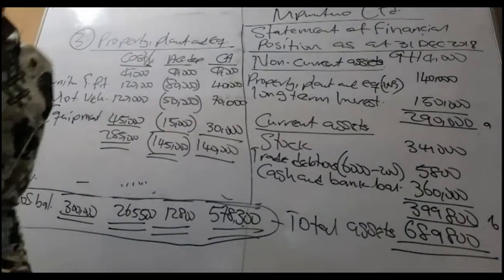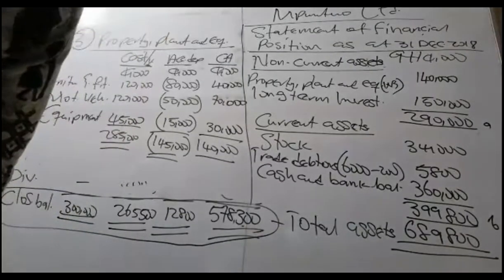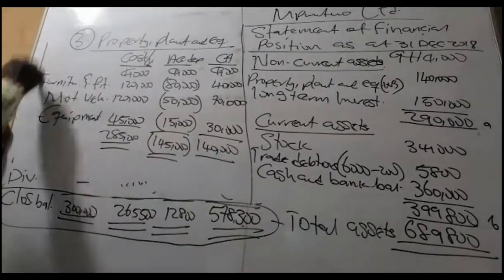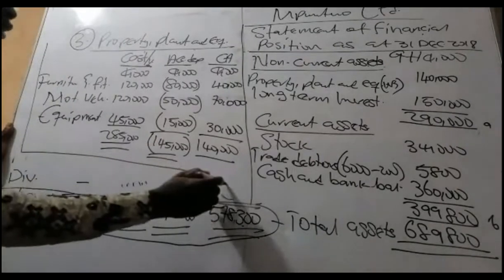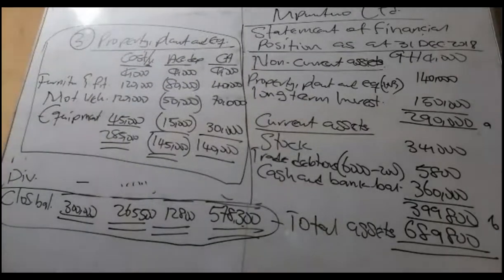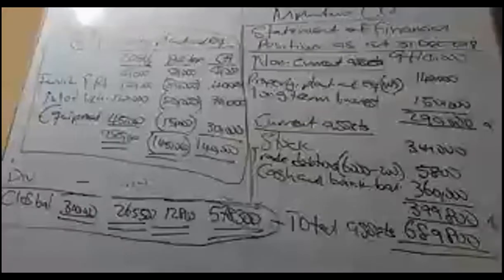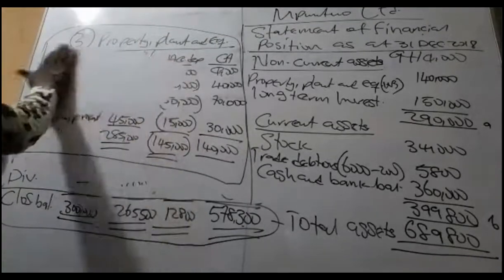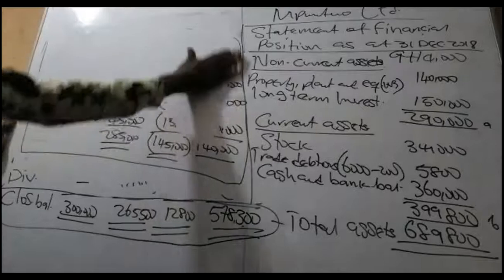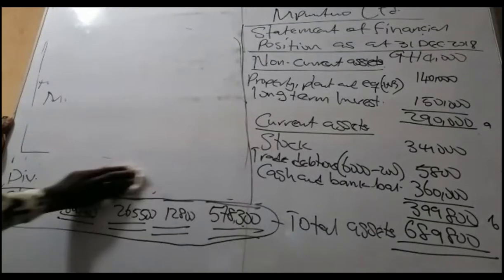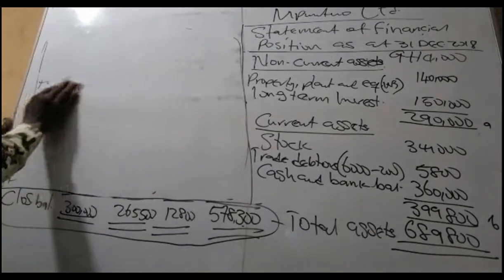Good. Now let me go to the other side to continue the game. I'll continue here. So kindly copy this in for me. Copy just this section. We're needing these figures.